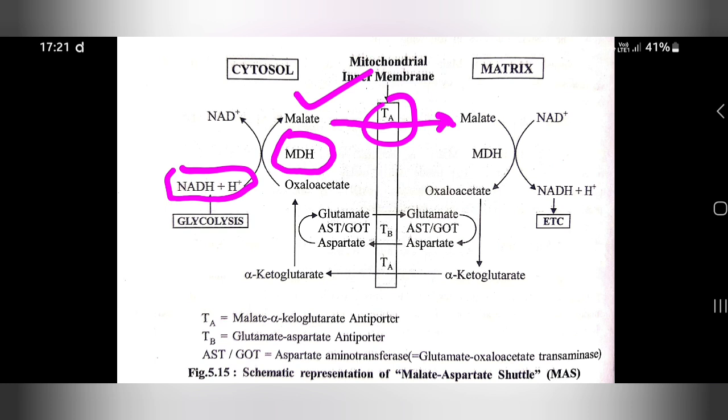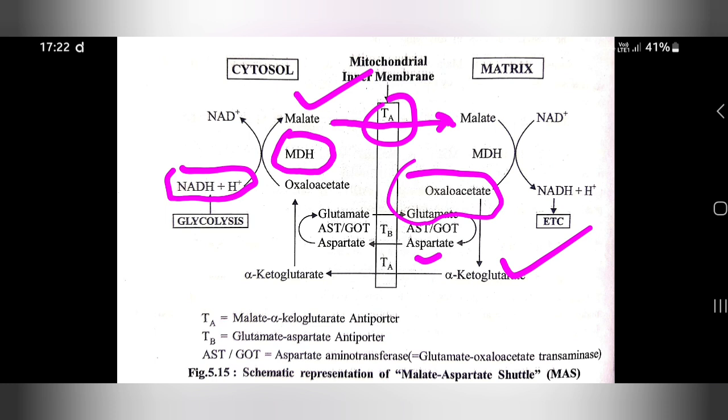So at first oxaloacetate converts into malate in cytosol, it enters into matrix where malate converts into oxaloacetate. Oxaloacetate combines with glutamate, forming aspartate and alpha ketoglutarate. Then alpha ketoglutarate and aspartate are again exported to cytosol using the malate alpha ketoglutarate antiporter.